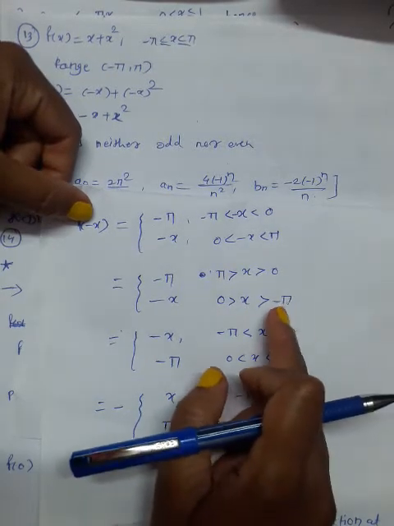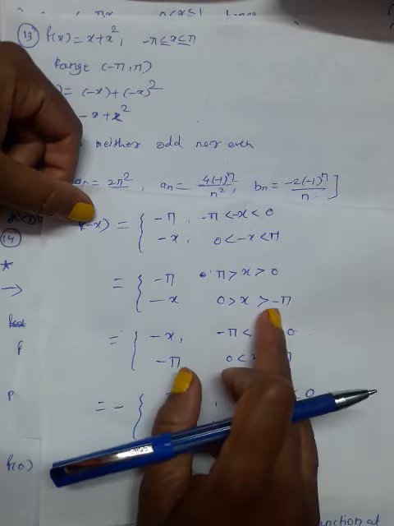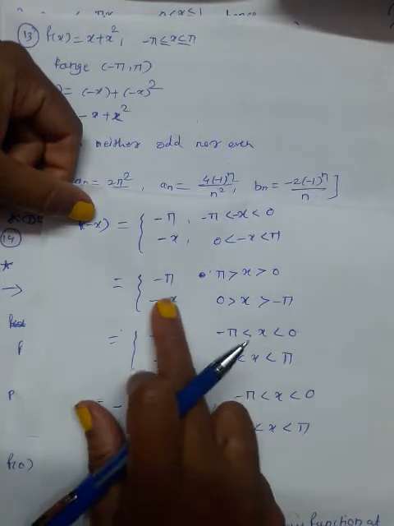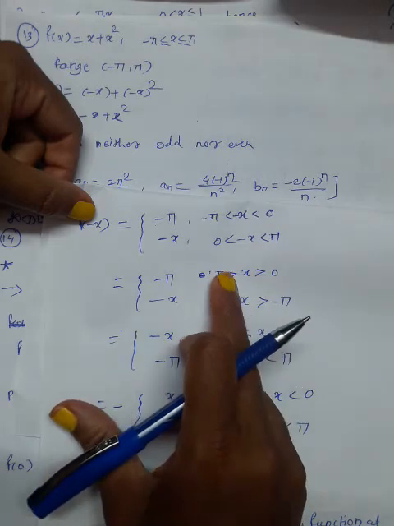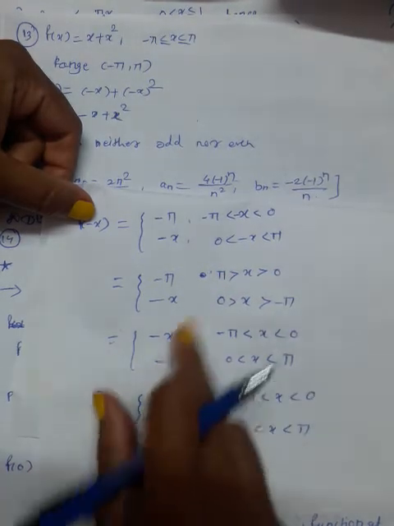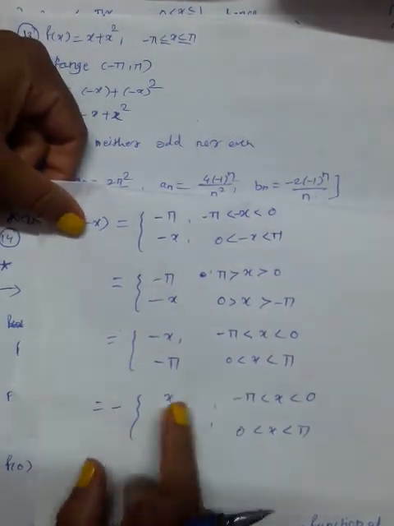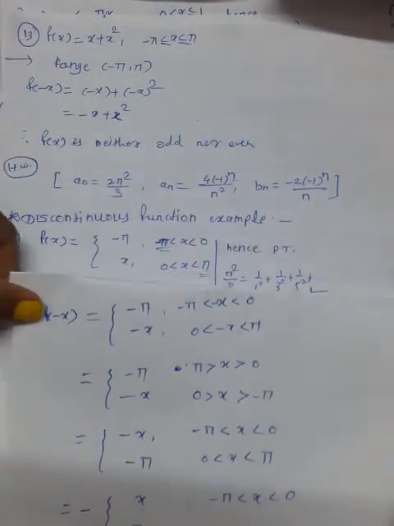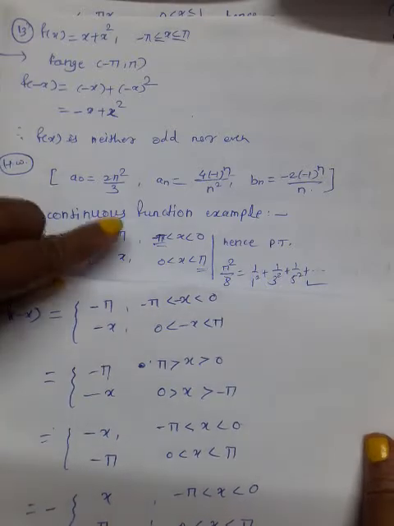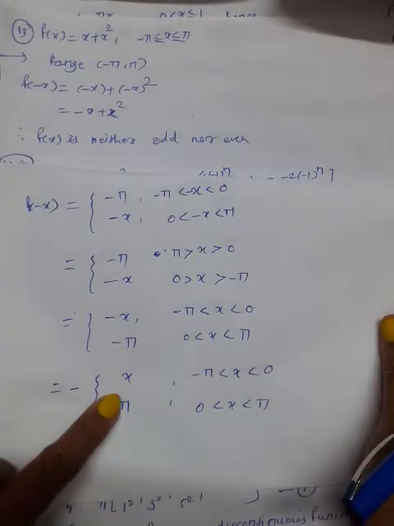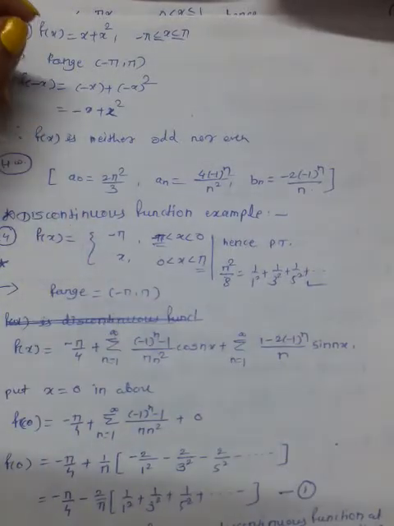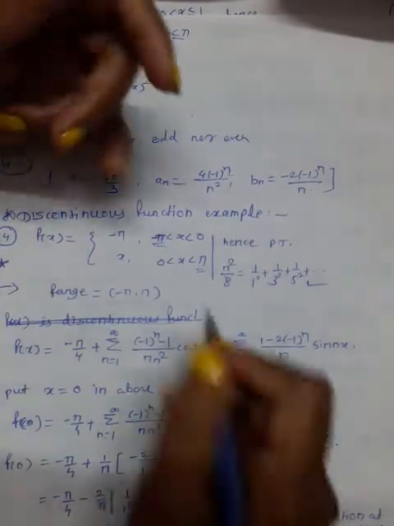Take this interval first: minus pi less than x less than 0 gives minus x, and 0 less than x less than pi gives minus pi. Take this minus outside, it is x, it is pi for these two integrals. If you compare this with the given function, these are not the same. Therefore, the function is neither odd nor even.